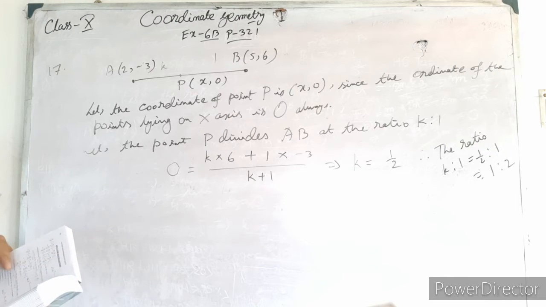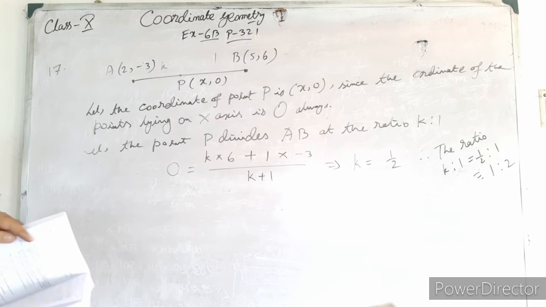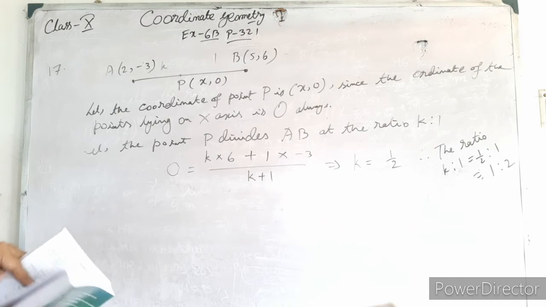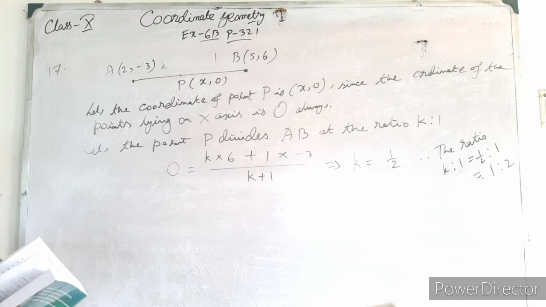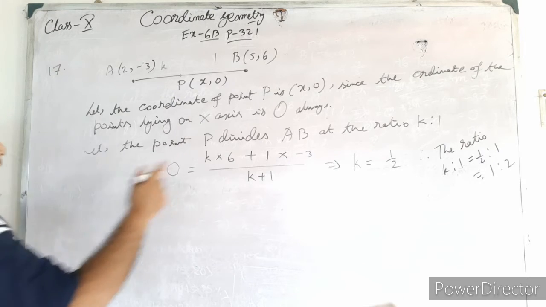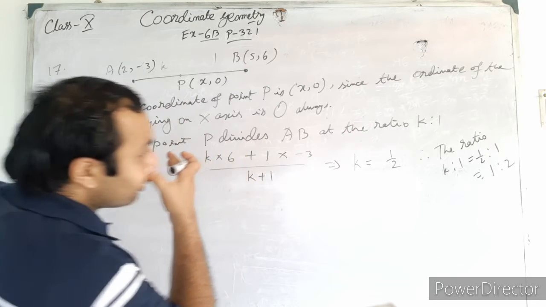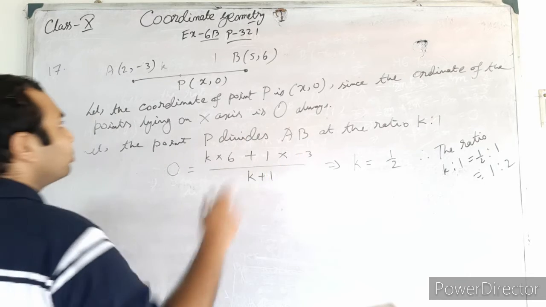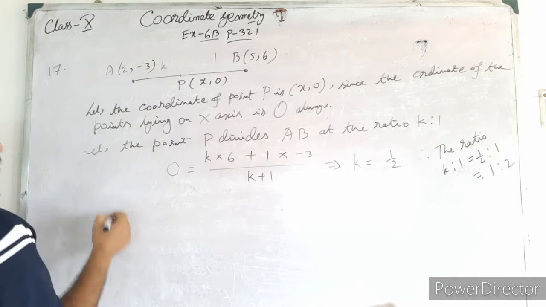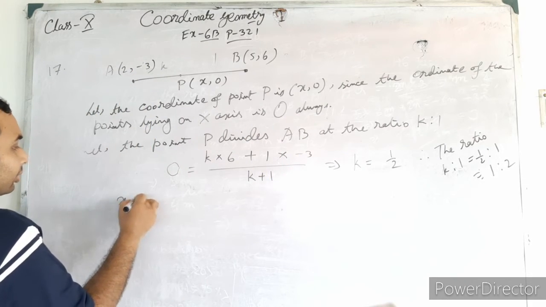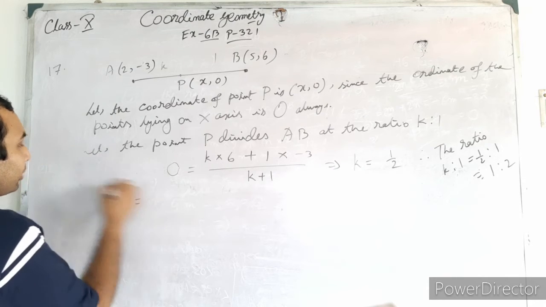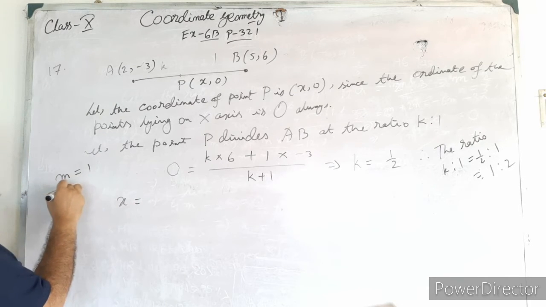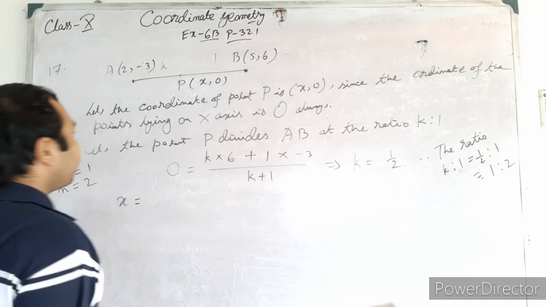This is the ratio, 1 is to 2. Another tricky question is there: find the coordinates of the point of division. Here I am doing it with 1 is to 2. So now m is 1 and n is 2.